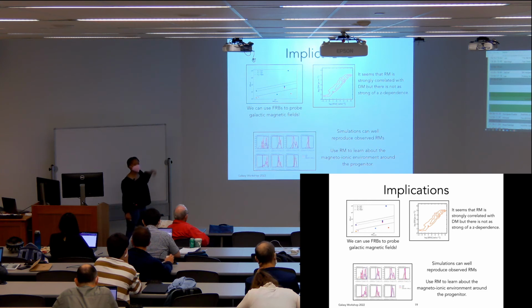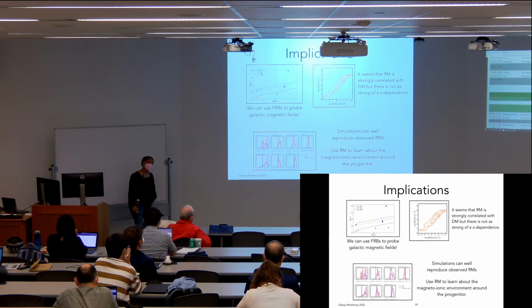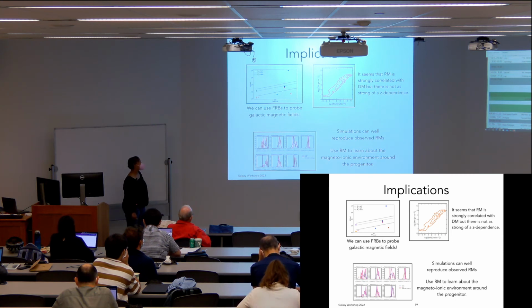If you have multiple FRBs within a certain galaxy, then you're measuring the magnetic field through multiple sight lines, and I would presume that the strength you get from each sight line would be a bit different. How does that variance across sight lines compare to the scatter between different galaxies?